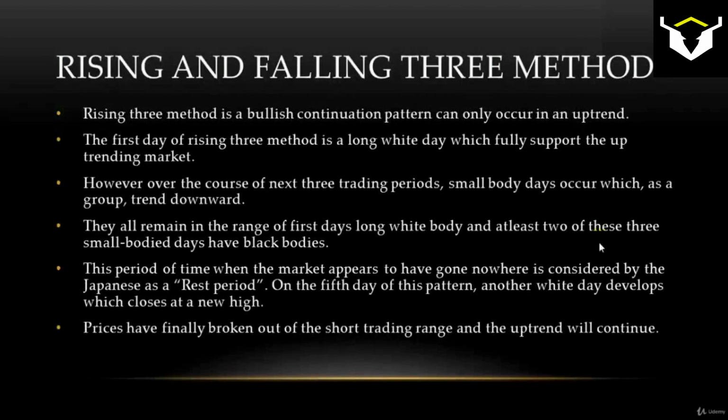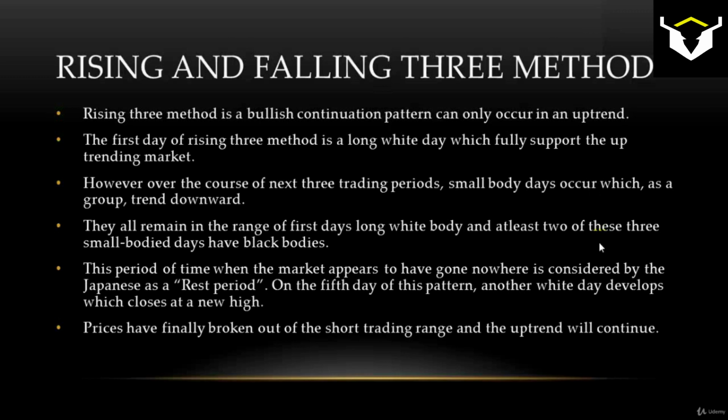So let's go ahead and revise the rising and falling 3 method. The rising 3 method is a bullish continuation pattern. It can only occur in an uptrend. The first day of the rising 3 method is a long white day which fully supports the uptrending market. However, over the course of the next 3 trading periods, small body days occur which as a group trend downward.